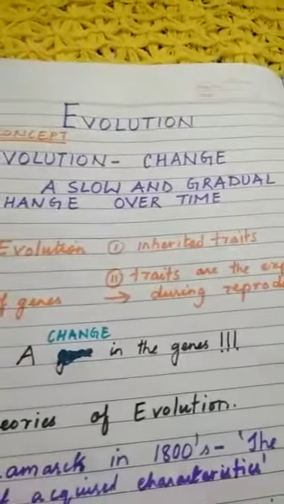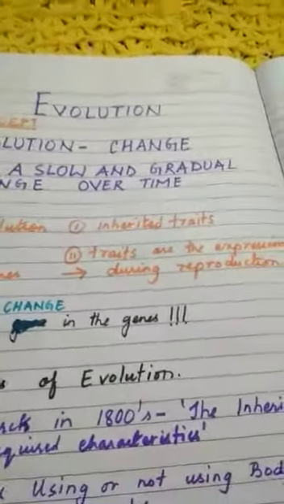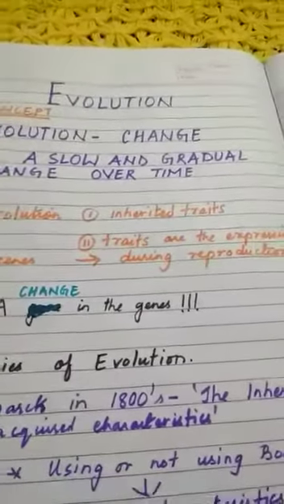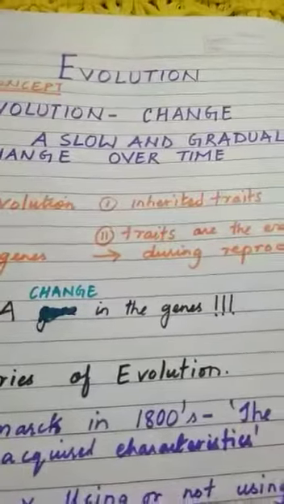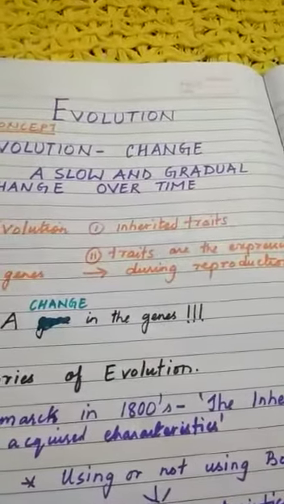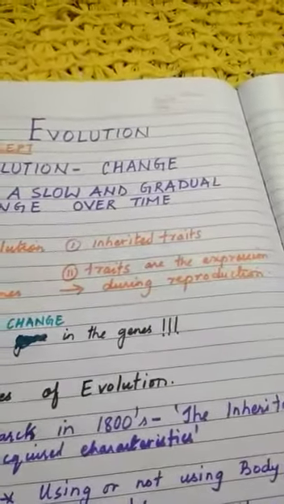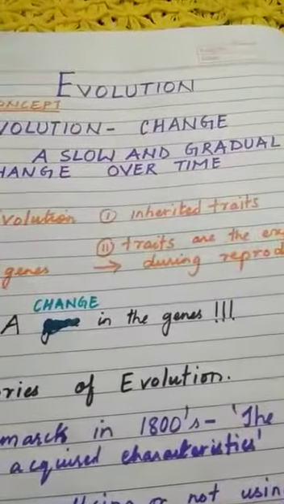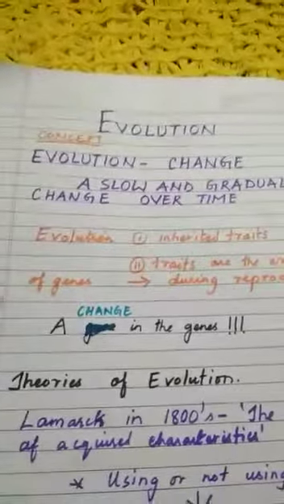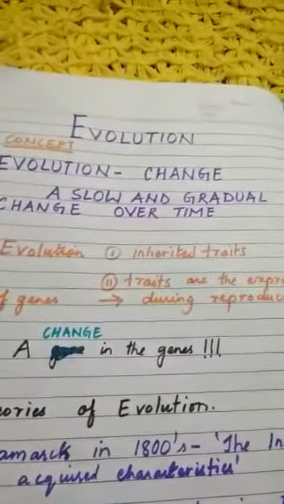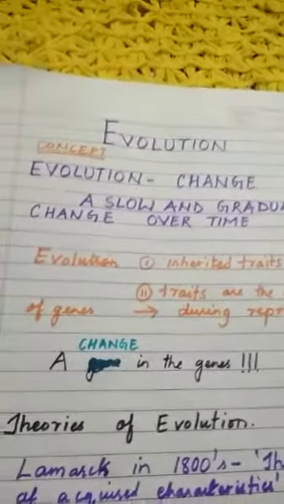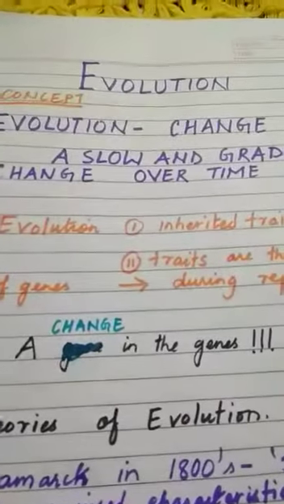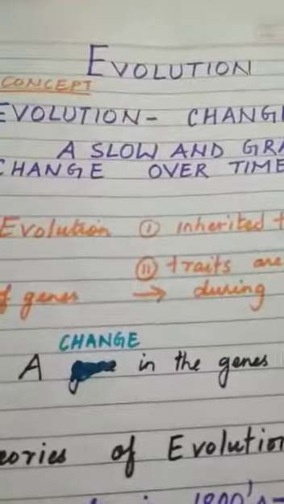Now, these inherited traits are the expression of the genes that are passed on to the offspring during reproduction. So if we are to summarize everything, what is evolution? A change in the genes. Is that clear? Change in the genes.